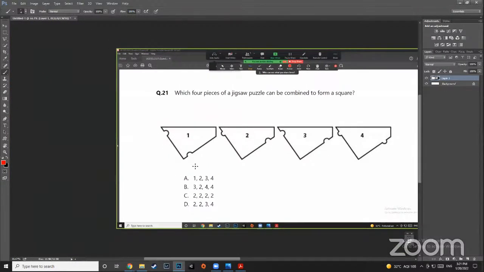Okay, so I'll just take 2, and I'll just color it.